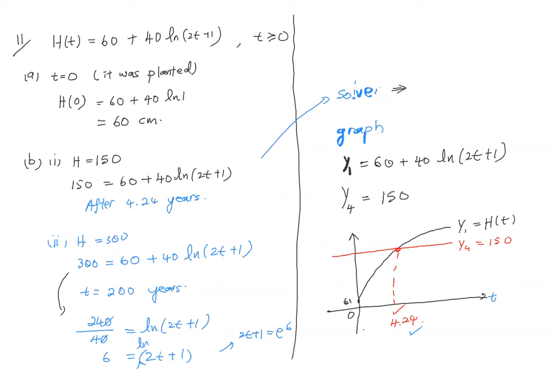So my t will be equal to that minus 1, divided by 2. It should be 201. How come my calculator gives me 201.2? Is something wrong with my graph?